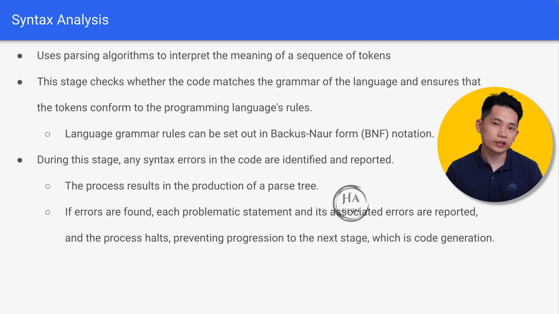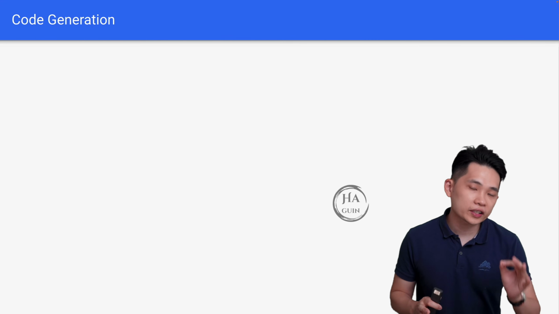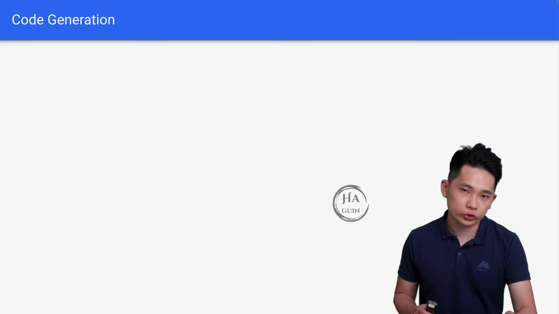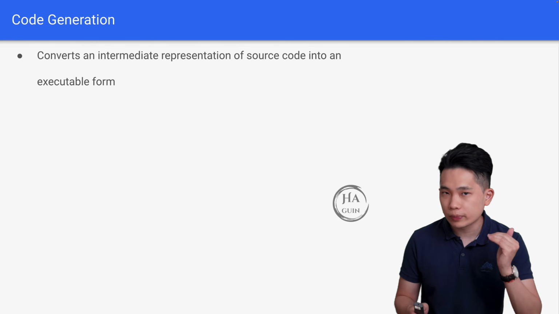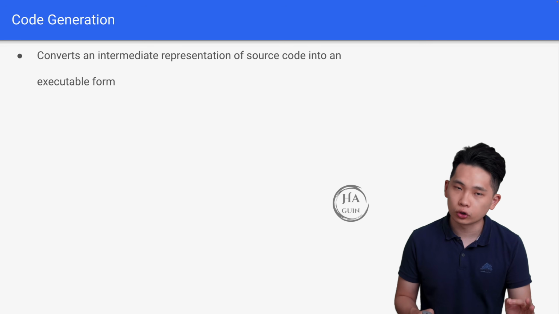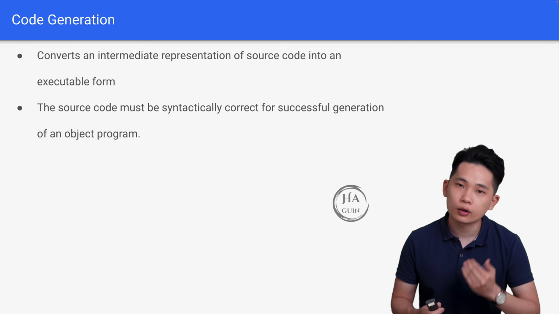So as I say, if the tokenized code is error-free, it is then passed on to the subsequent stage of code generation. Let's say the syntax analysis stage was error-free, we will move on to this next stage, which is code generation. This stage converts an intermediate representation of source code into an executable form. The source code must be syntactically correct for successful generation of an object program.